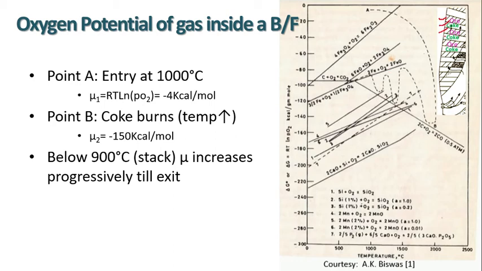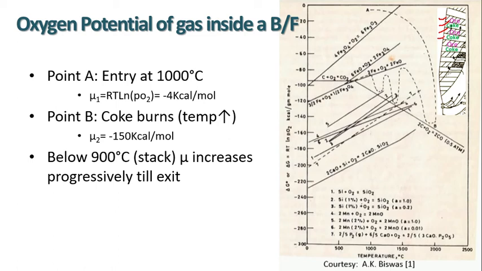When the gas goes from bottom to top, it encounters alternating layers of iron ore and coke, so the oxygen potential, or in other words the reducing capability of this gas, changes accordingly.